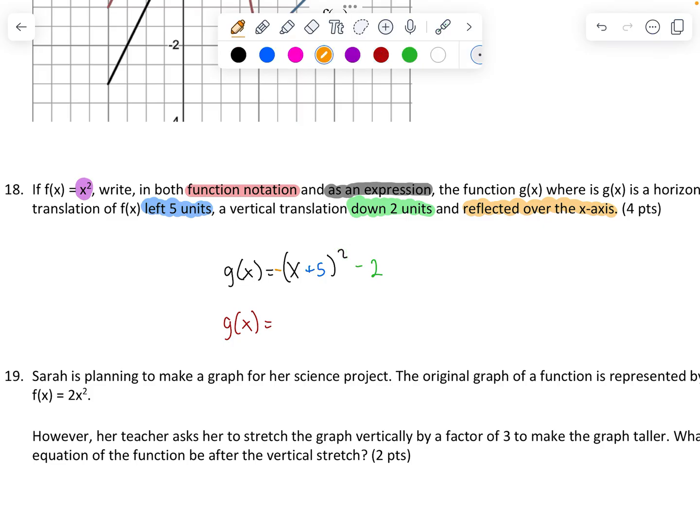So it's negative, keep the colors the same, f of x plus 5, and then minus 2 at the end. This notation means to get a new graph from whatever's graphed, it doesn't matter what it is. In this case, it's x squared, but it could be any graph in the world. Take any graph, and if you write it like this, it means take the original graph, move it left 5, flip it over the x-axis, and then move it down 2.